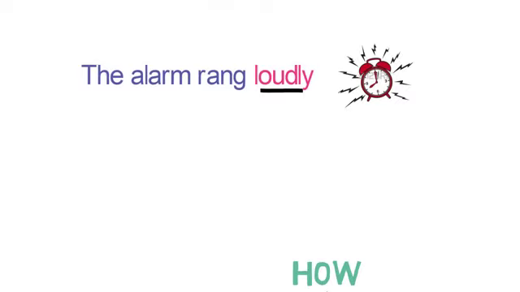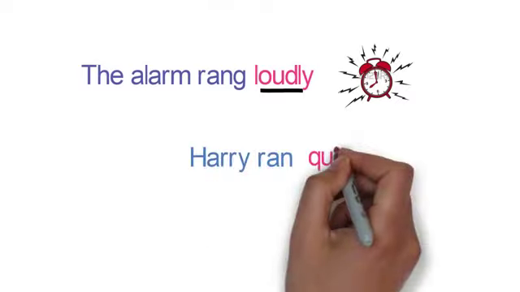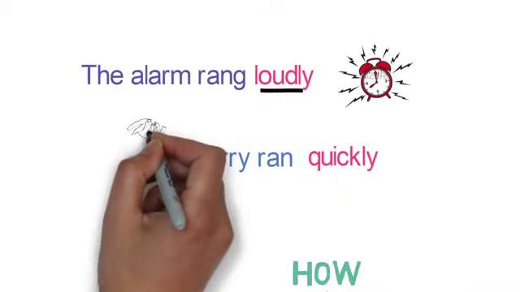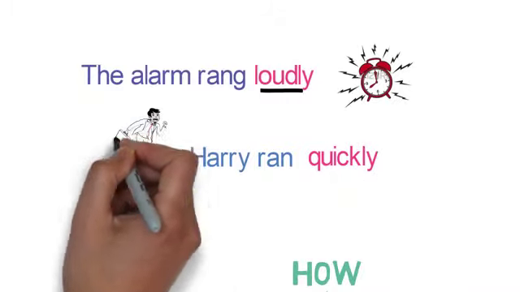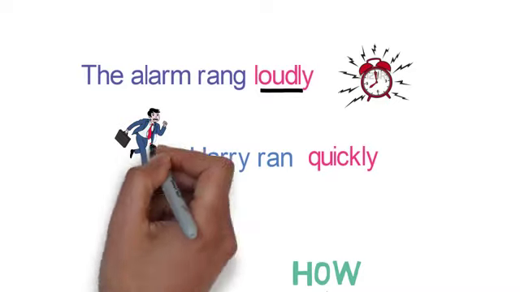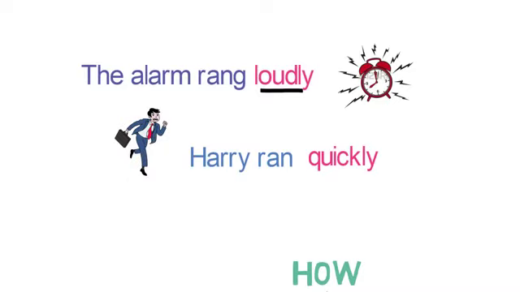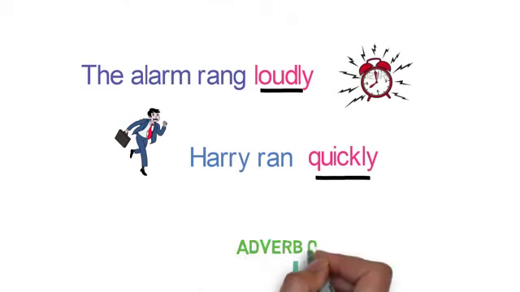Let's look into another example. Harry ran quickly. Here we know that Harry ran, but quickly is describing the manner in which Harry ran. So quickly is an adverb here. As this adverb describes the manner in which the action is performed, they are called adverbs of manner.